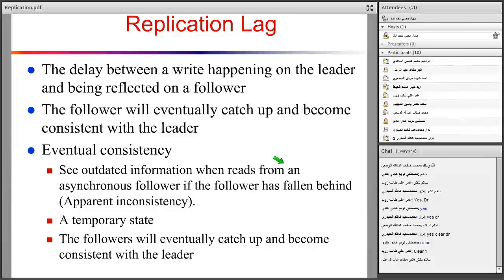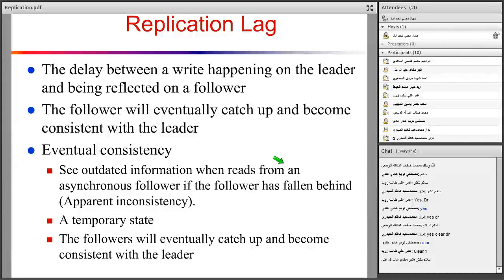Some characteristics of the advanced database are important to calculate the delay between the write happening on the leader and being reflected on followers. We know that the followers will eventually catch up and become consistent with the leader, but there is a replication lag between the leader and the followers.